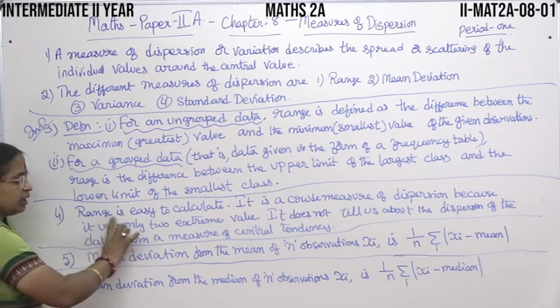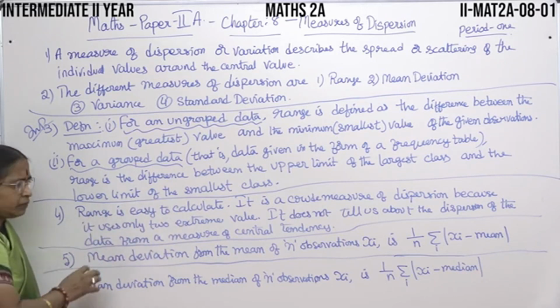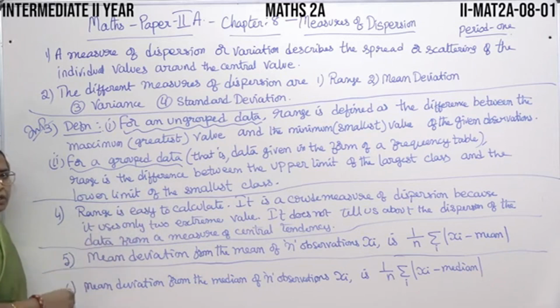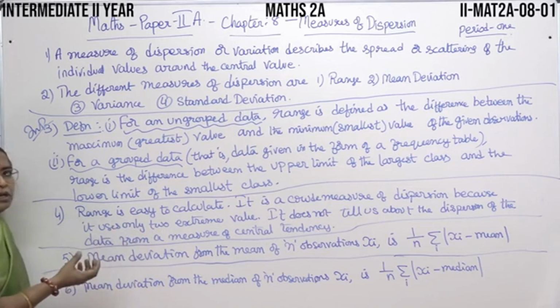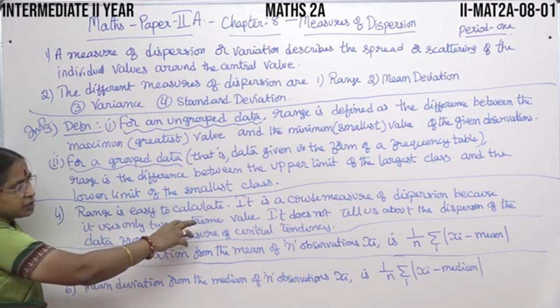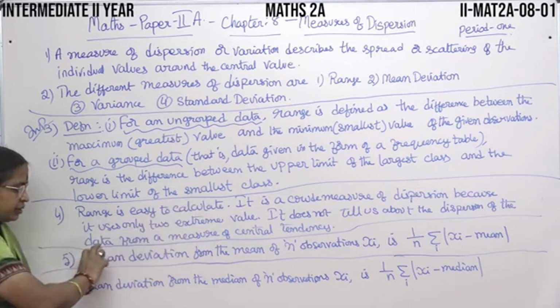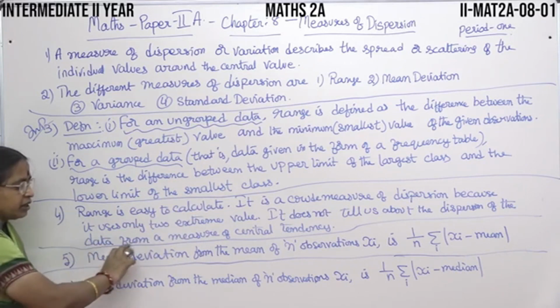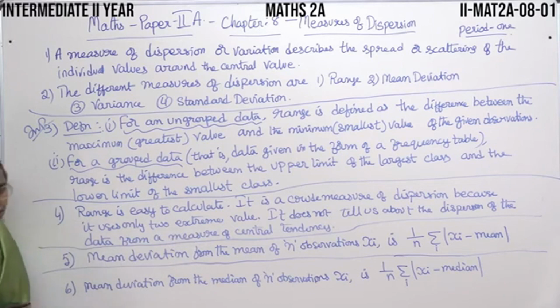Merit is that range is easy to calculate, just greatest value minus smallest value. But it will not give you how the data is scattered around the center value. It cannot explain such things, and it does not tell us about the dispersion of the data from a measure of central tendency.